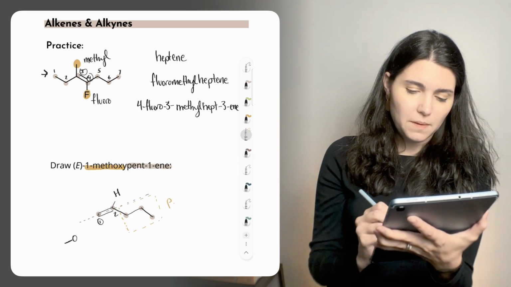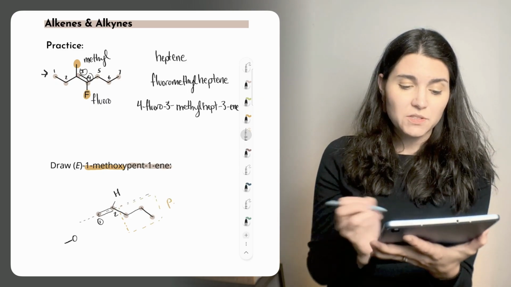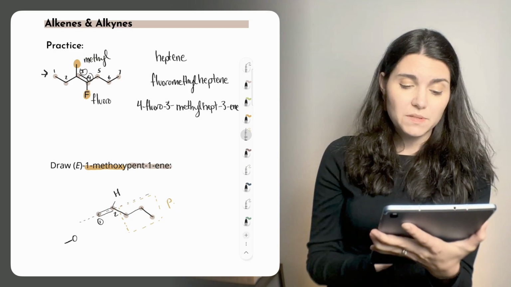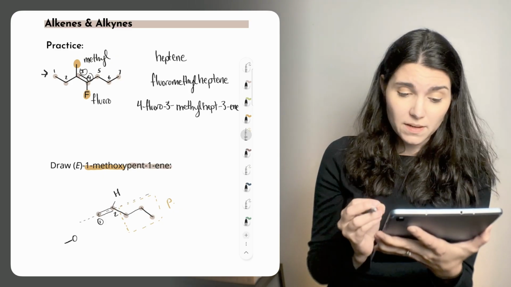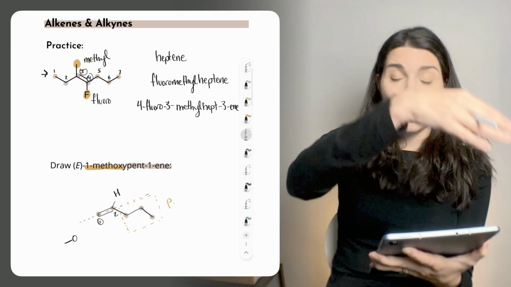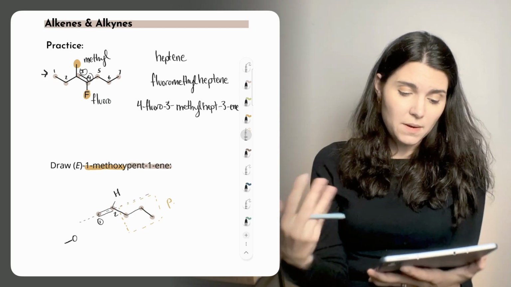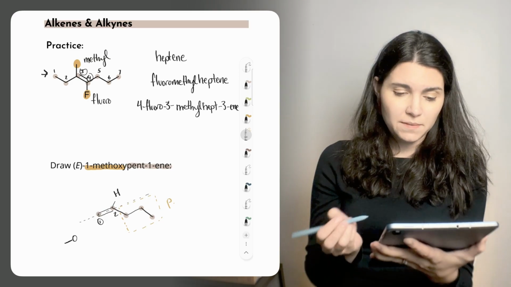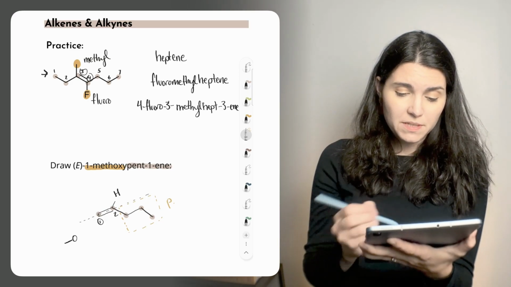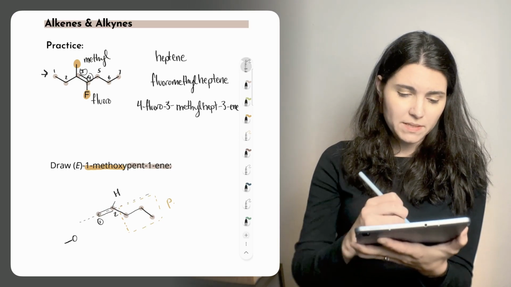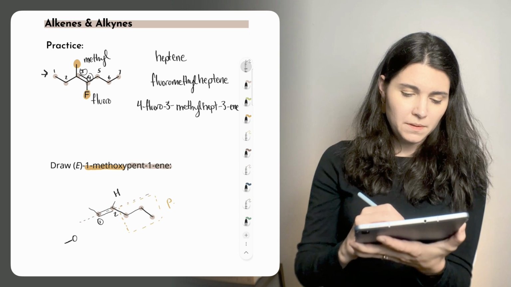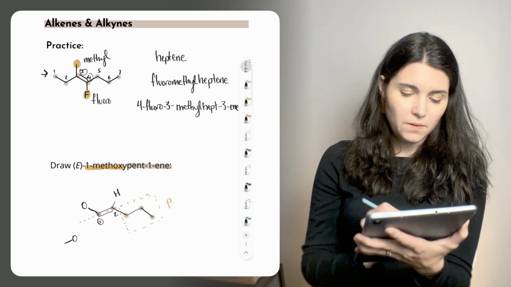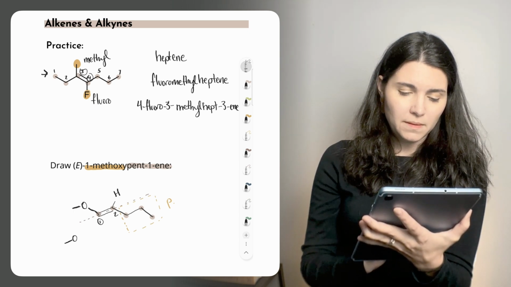So I'm just going to label that P for priority. And so we need to place the methoxy group so that the priority group is on the opposite side of that plane so that they're enemies. And of course, the other thing that's going to be on carbon 1 is a hydrogen. And so in order to make it E, we're going to place our methoxy group over here. O, and then that methyl.